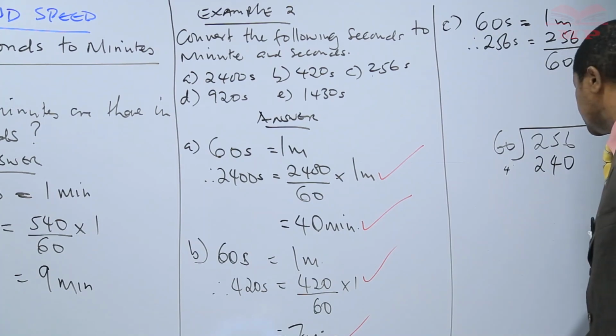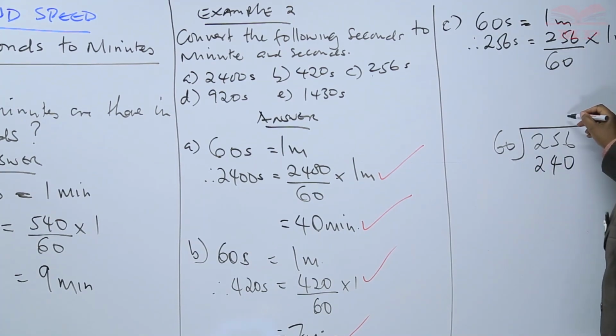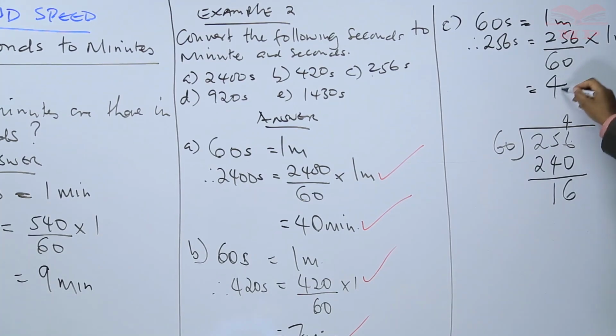So here is 4, then 256 minus 240 is 16. So there are 4 minutes and remainder 16.